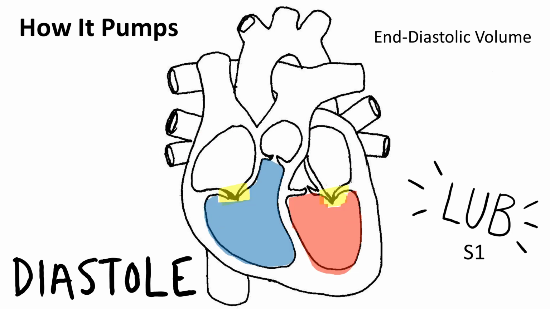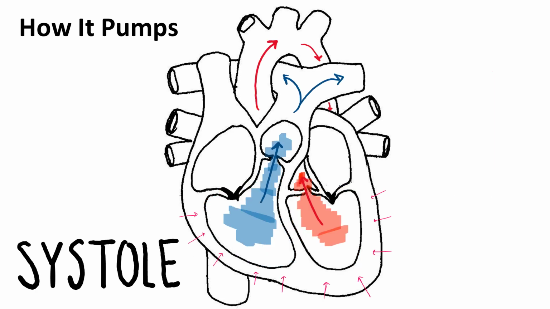Once the pressure is equal on both sides, your AV valve will slam shut, and that is your S1 sound, aka your lub. Once those valves are closed, the blood volume in the ventricle is called the end diastolic volume, or preload. This is the amount of blood that's in the ventricles prior to being squeezed out into the body. Now systole begins.